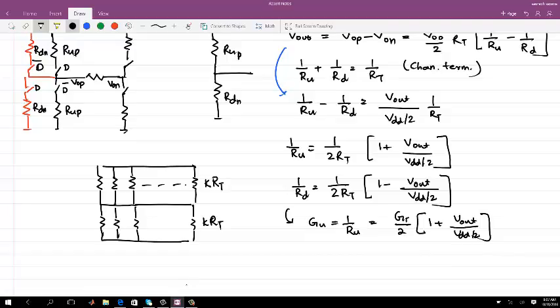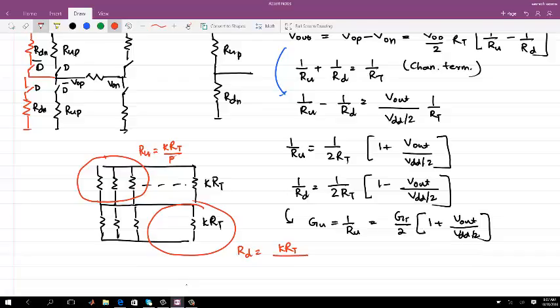So if I select P such resistances here, then RU is equal to K times RT by P. And the rest of the resistances I can choose for RD, which is K minus P.